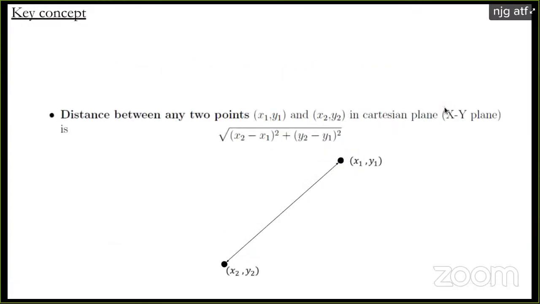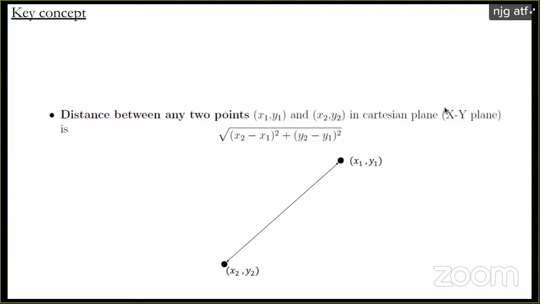So we have seen the 2 point form. Now we will see the distance between any 2 points. If you have 2 points in your xy plane, which is the Cartesian plane, like x1, y1 and x2, y2, and you want to calculate the distance between these 2 points, use this formula: the distance equals the square root of x2 minus x1 whole square plus y2 minus y1 whole square.